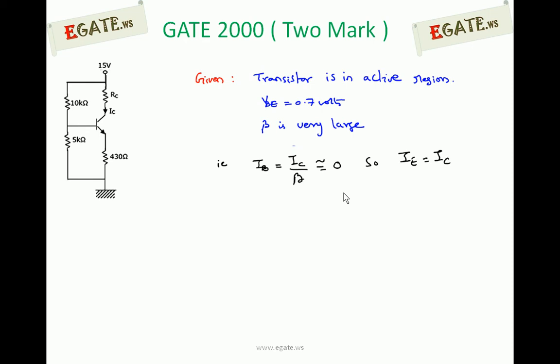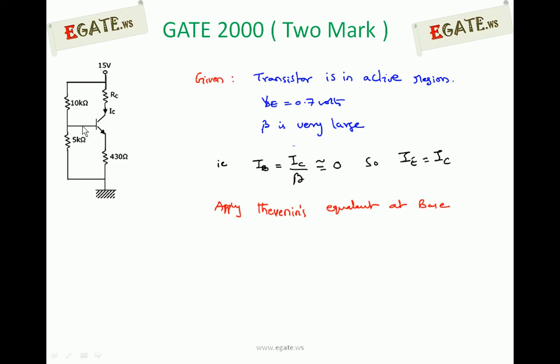To calculate IE, apply KVL across the base emitter loop, but there is no single loop for the base emitter. We have to replace the given diagram with its Thevenin's equivalent at the base. Apply Thevenin's equivalent at the base terminal.